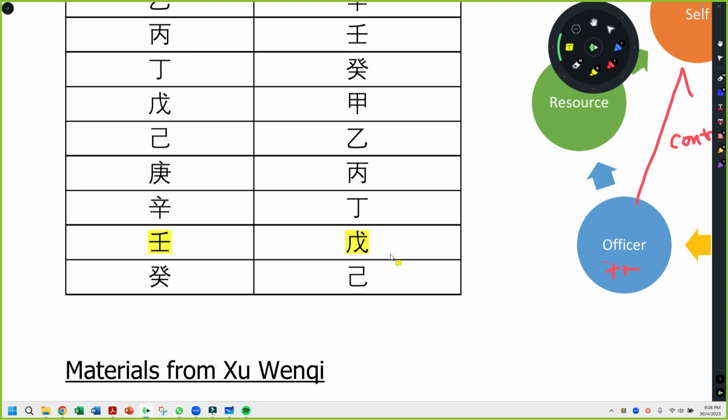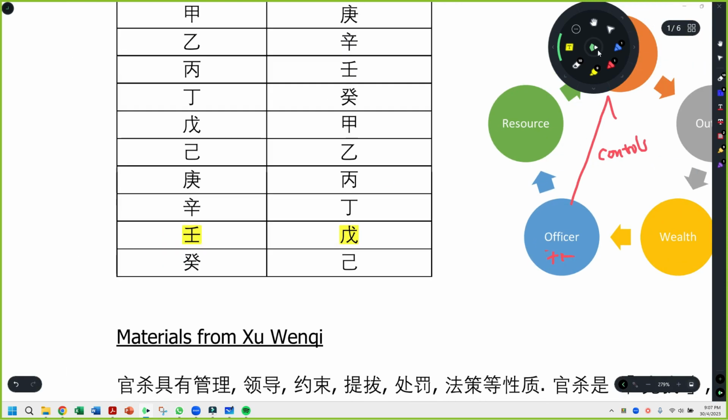Otherwise, water might suffer from depression, might suffer from mental illnesses if there is insufficient earth to actually control the Ren Water. Therefore, we do find that this is a sentimental control, even though the basic general understanding of Seven Killing is unfavorable.